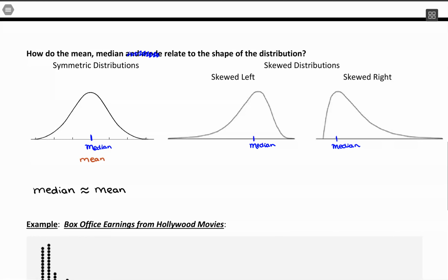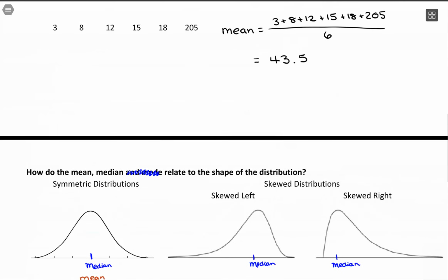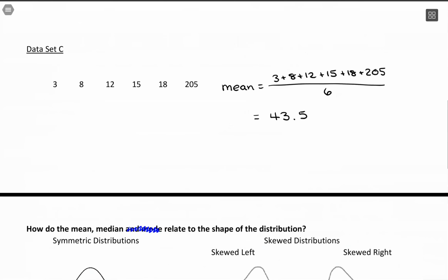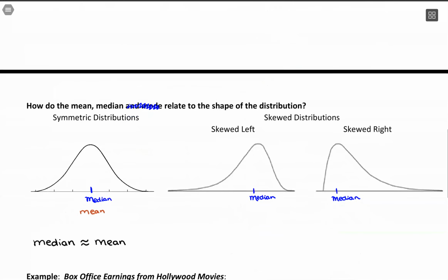With the skewed left distribution, what we're getting are these outliers on this left-hand side. So it's kind of the opposite of what I did for dataset C. If we change this and just had a lot of extreme small values, but then most of our data was at the upper end, when we would take the average, we'd have these small values influencing our data.